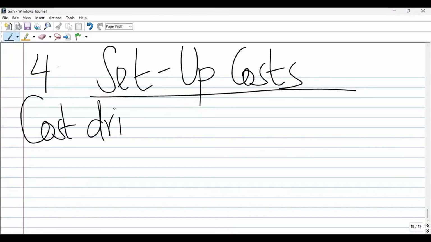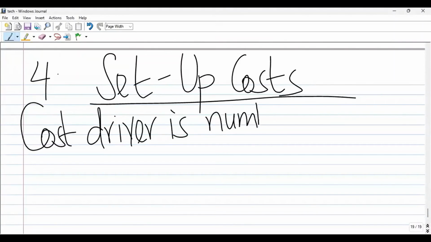What do you think is the cost driver for setup costs? Yes, number of production runs. Even when we were giving examples of overheads and their cost drivers, we said for setup costs we have number of production runs. So when a cost is machine related, normally we use number of production runs.